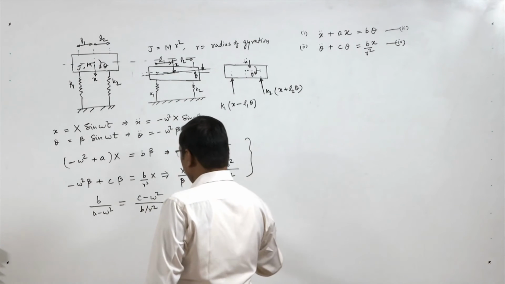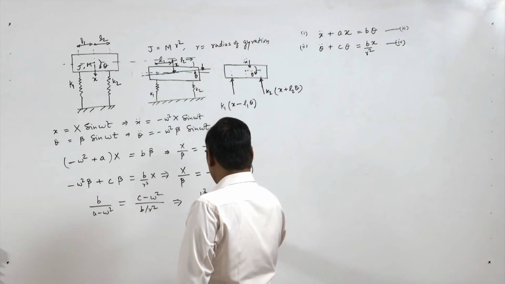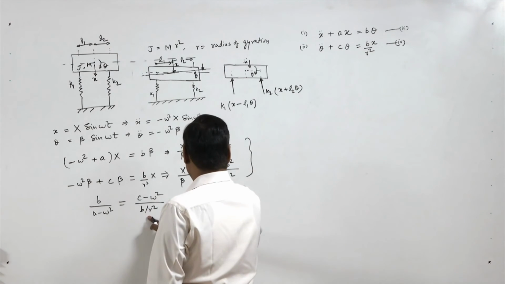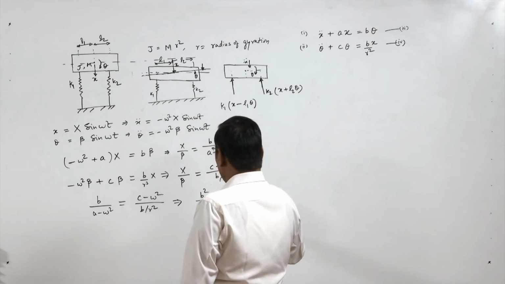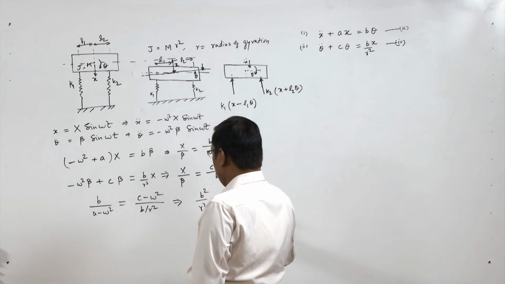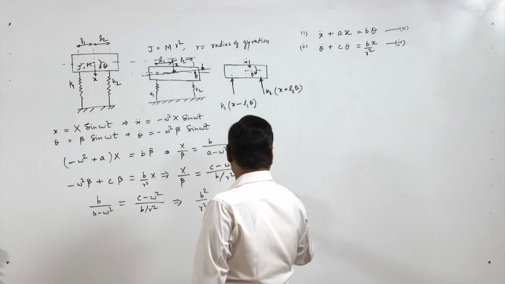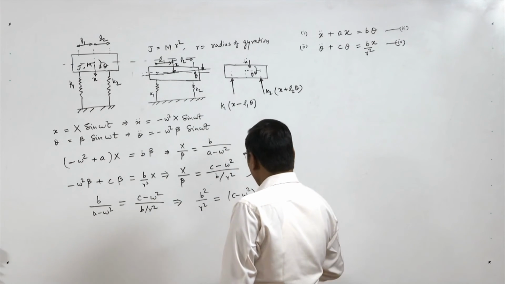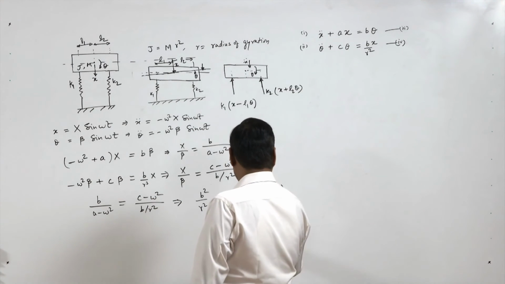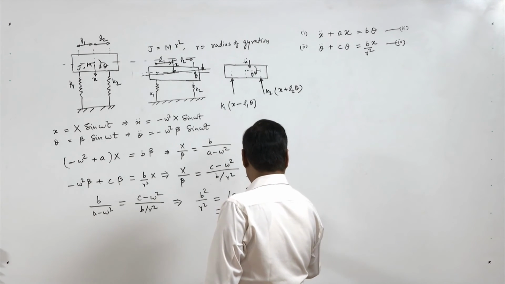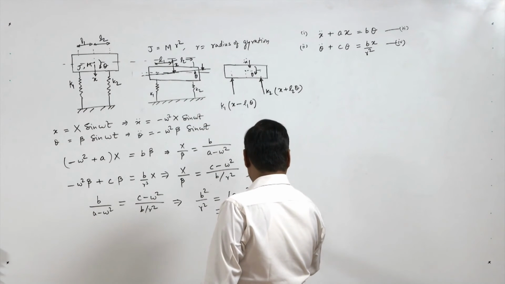So we solve it. So it is b square by r square equal to c minus omega square times a minus omega square. So this is c into a minus c omega square minus a omega square plus omega power 4.